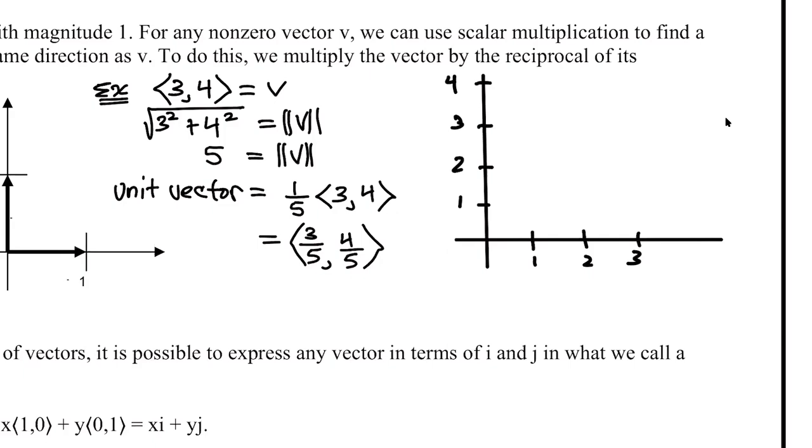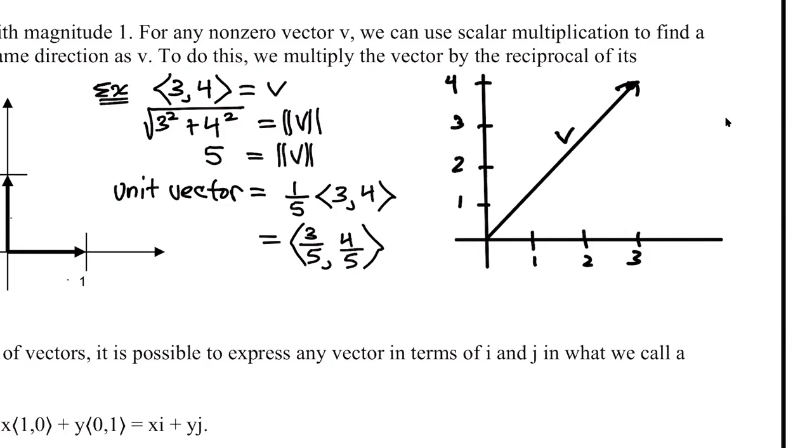So (3, 4) would be right about there. And just for convenience, I'll label that v for vector v. All right, so that's my original vector.